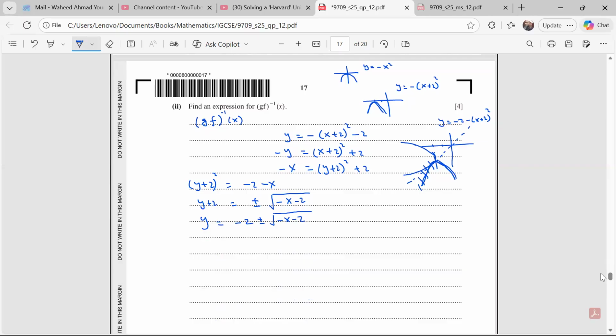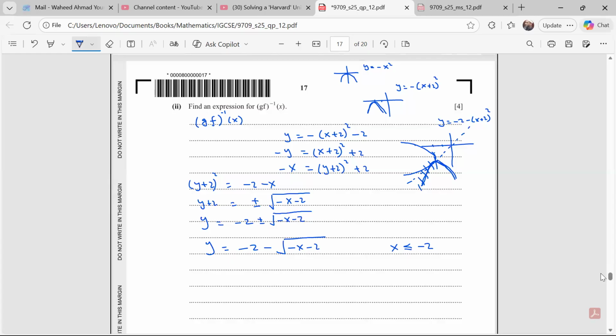That would be on the negative one. So y is equal to -2, negative under the root of negative x, -2. Okay, so this is going to be our function. And remember the domain here, x has to be less than or equal to -2, because when x is equal to -2, this will become 0, and when x is less than -2, it will become positive, and only then we can calculate this value.